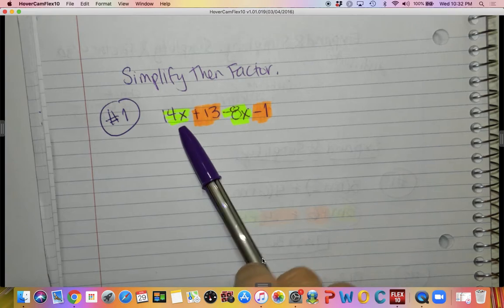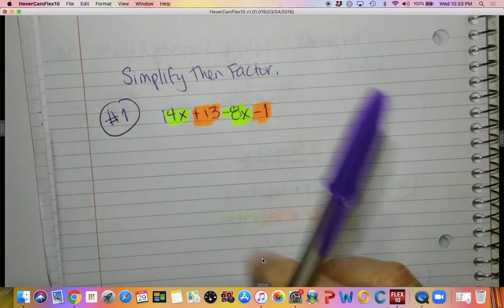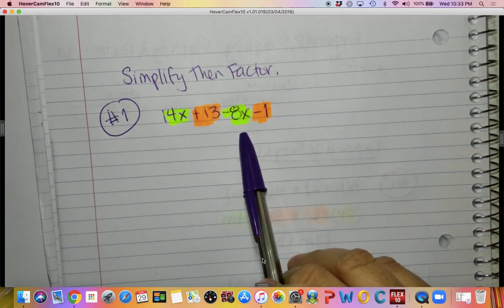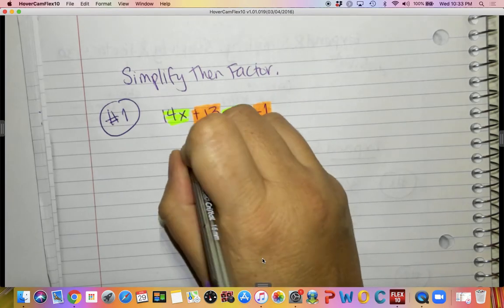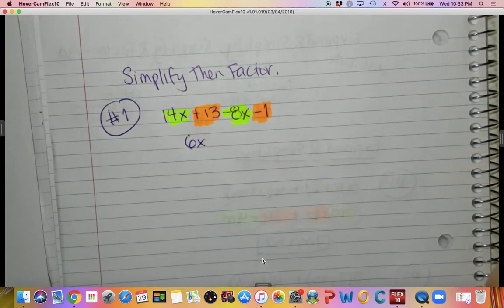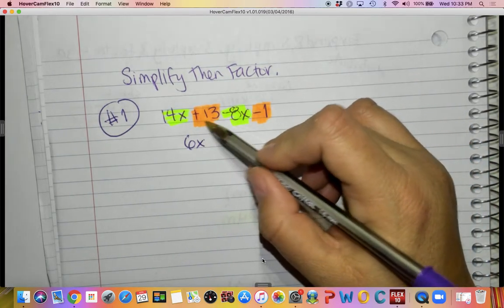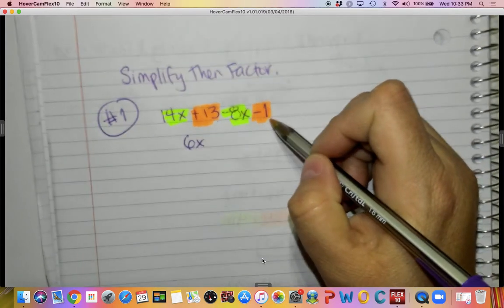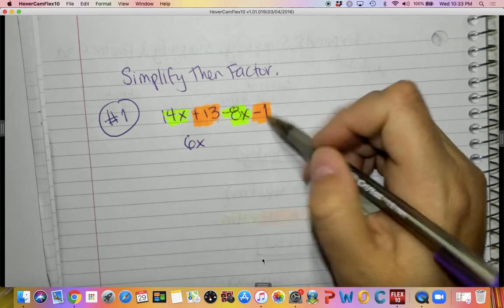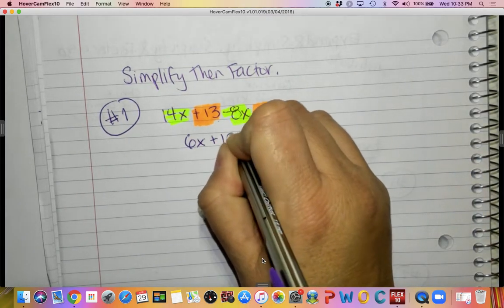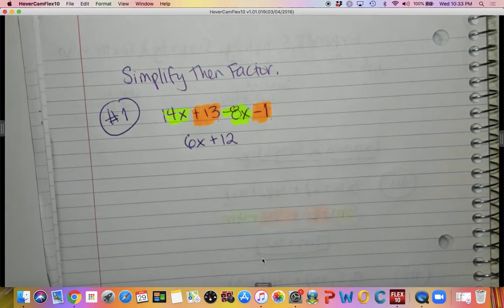A 14x minus an 8x gives us 6x, which is positive. 14 minus 8 is 6. And then I have a positive 13 and a minus 1. So 13 minus 1 gives us a positive 12. That's simplified. Now I have to factor.